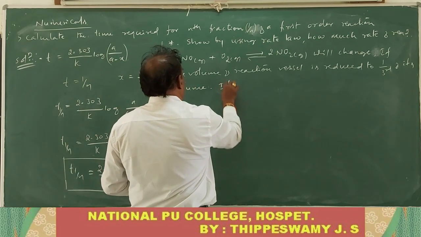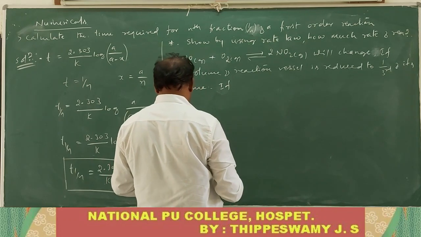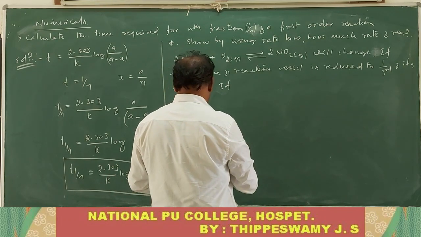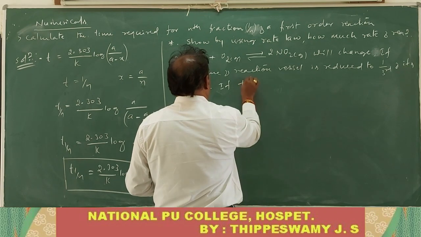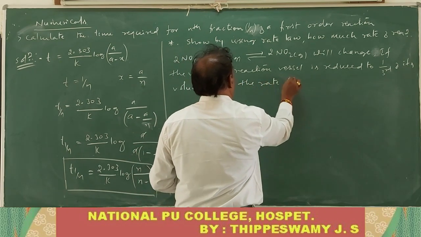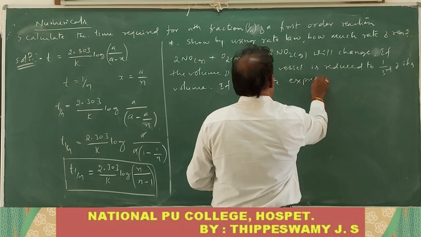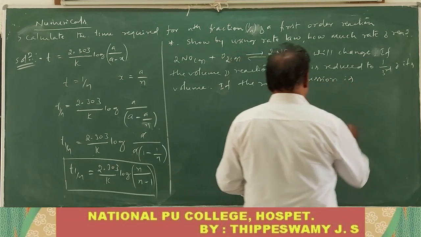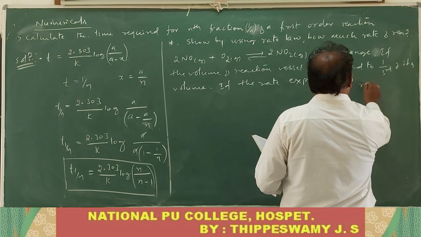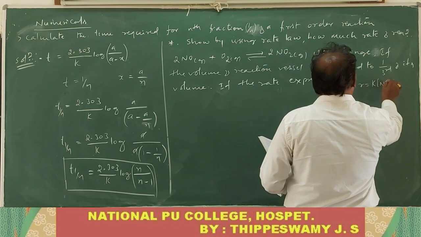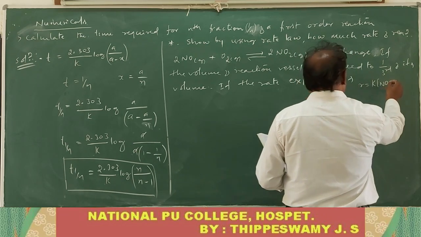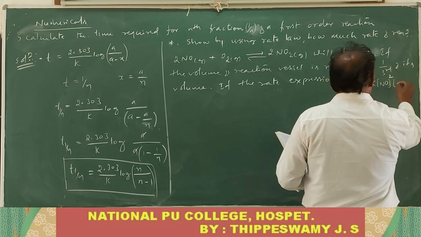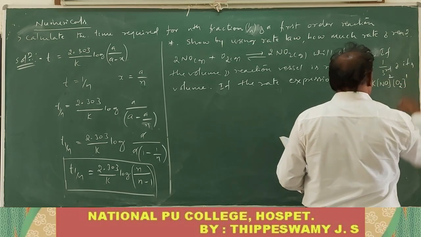If the rate expression is R is equal to k into molar concentration of NO to the power 2 into molar concentration of O2 to the power 1.